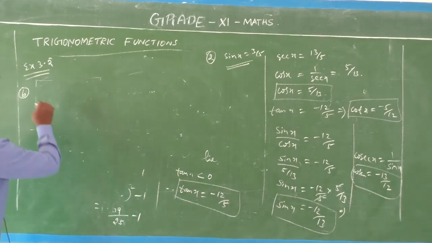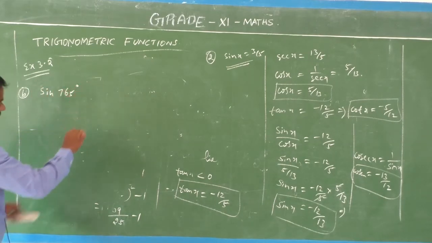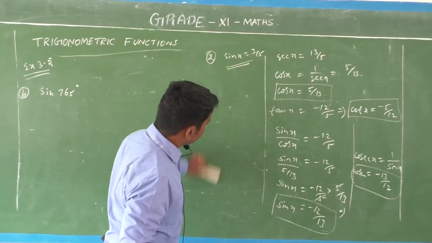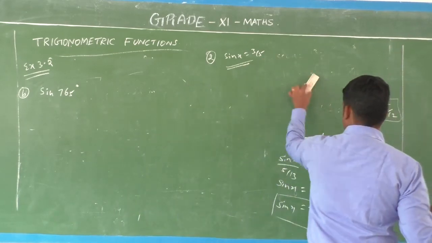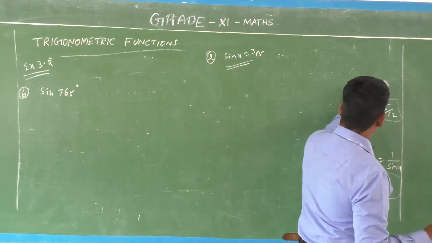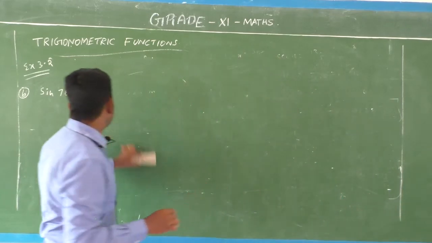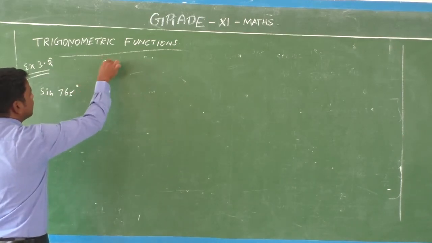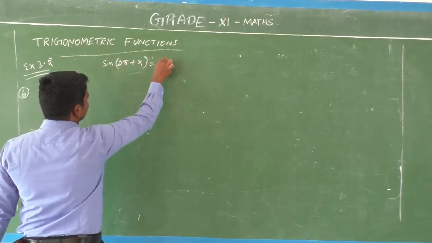Sine 765 degree. Find the value of sine 765 degree. You know sine 2 pi plus x is equal to sine x.